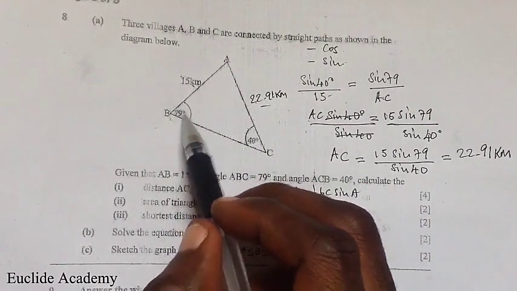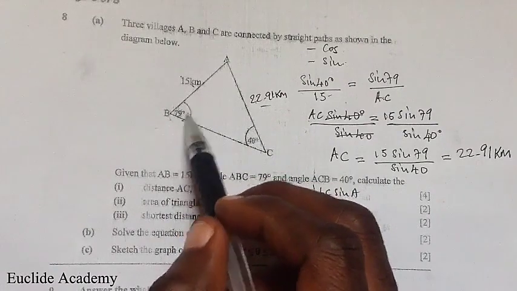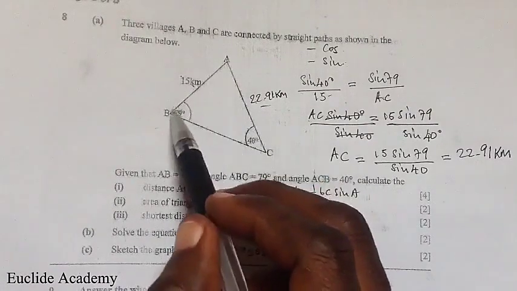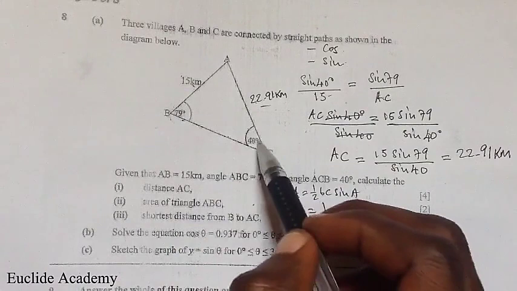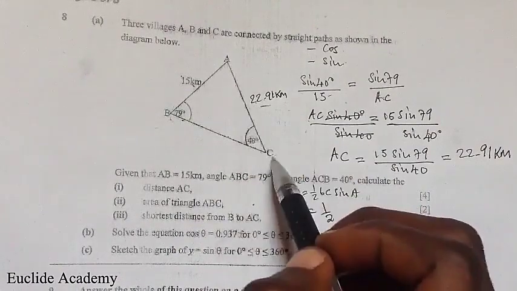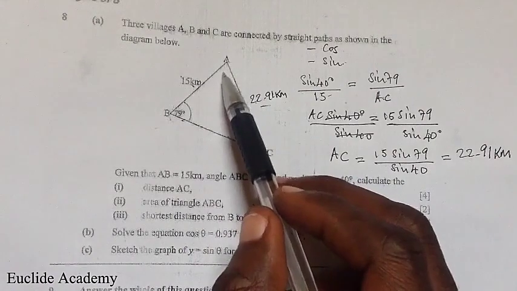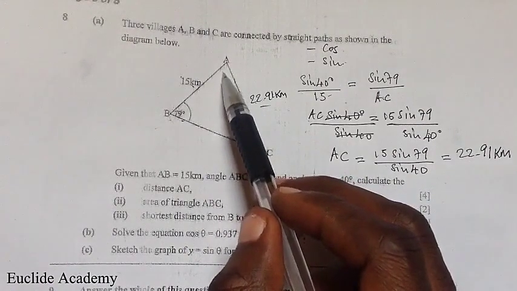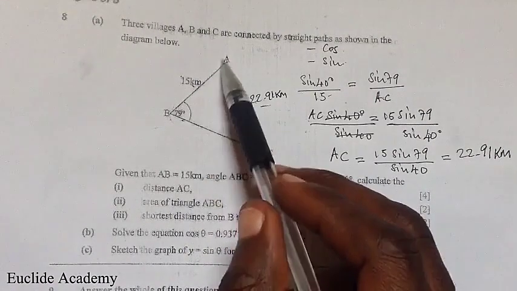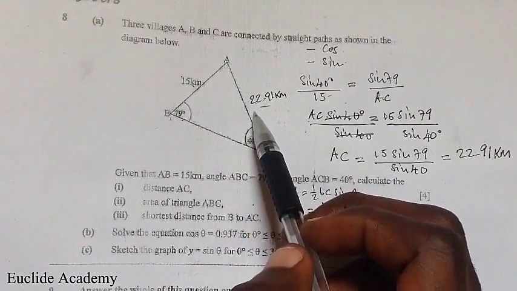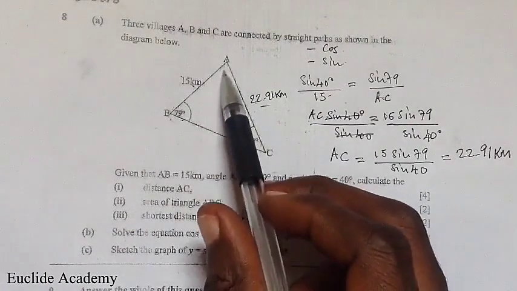So we need an angle and two sides. Here we have one angle, but we have only one side. Here we have two sides, but we don't have an angle there. So how do we get this angle for us to be able to find the area? This means that we'll have to find this angle.